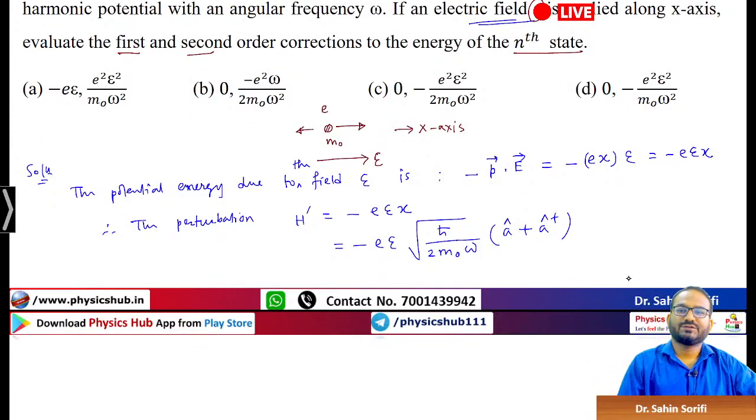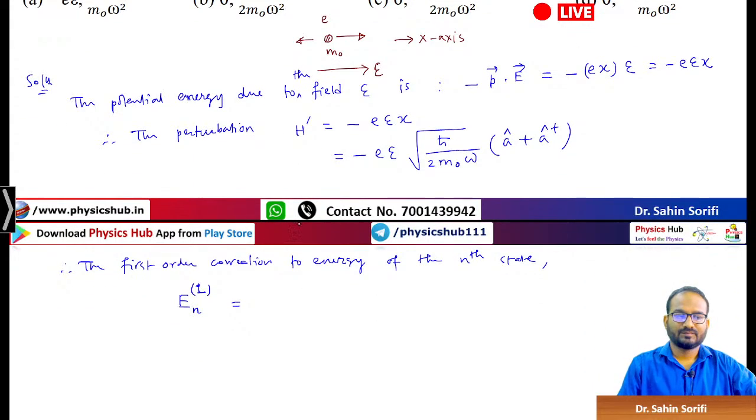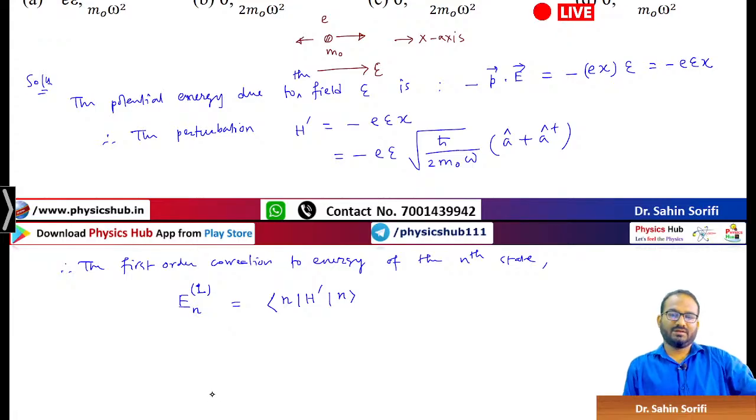So what is the first order correction to energy in the nth state? Therefore the first order correction to energy of the nth state, E n superscript 1, is equal to, you know the formula, the expectation value <n|H prime|n>, which is what you need to calculate.